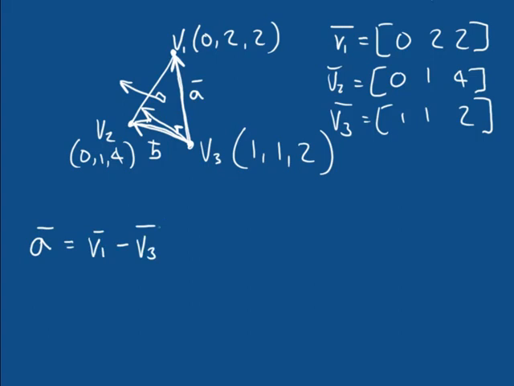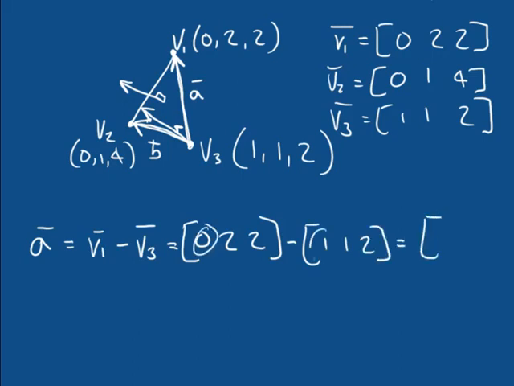So that means it's equal to V1, which is 0, 2, 2, minus V3, which is 1, 1, 2, which means it's equal to 0 minus 1 is minus 1, 2 minus 1 is 1, and 2 minus 2 is 0. Fantastic.